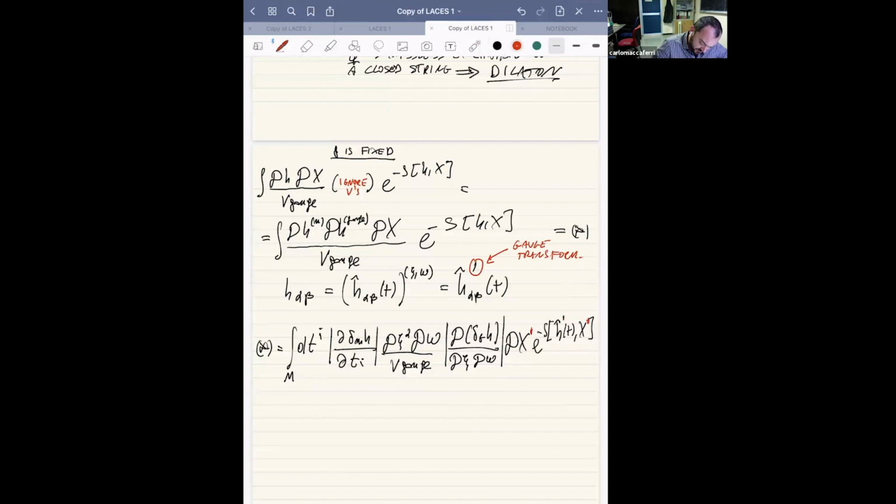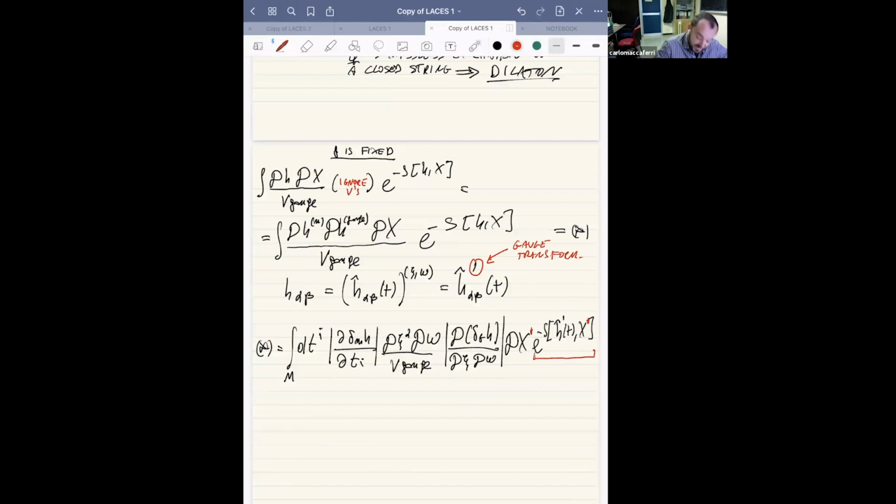because now you see that now I use the fact that, wait, sorry, I'm losing, yes. So now this thing here is clearly gauge invariant, because that's my original gauge invariant action.